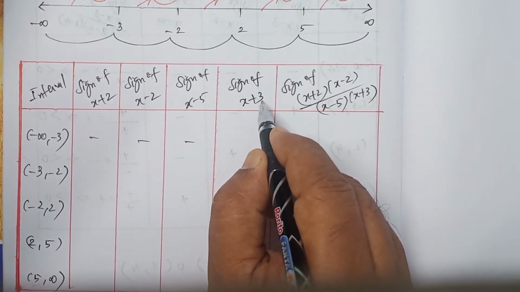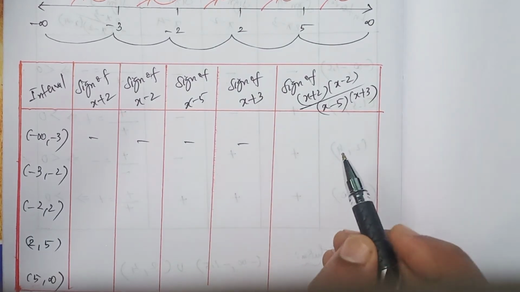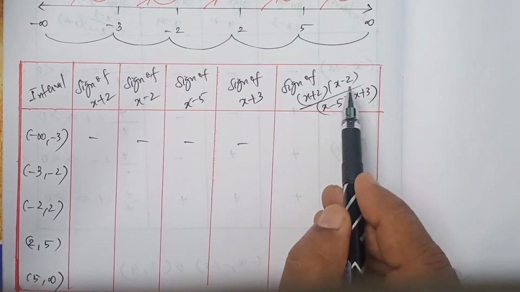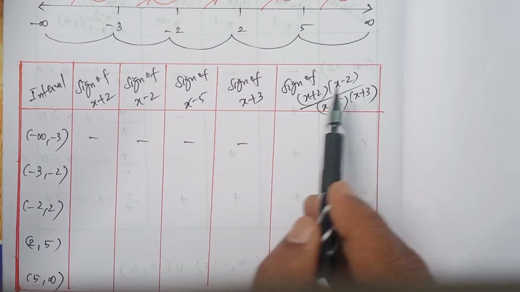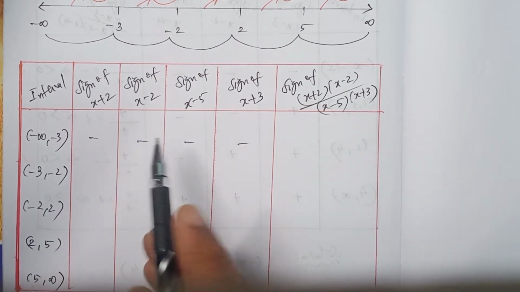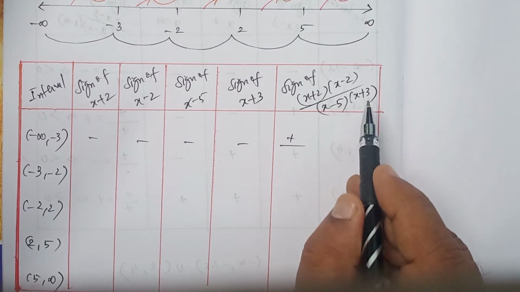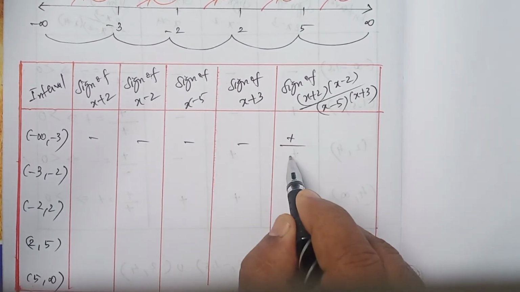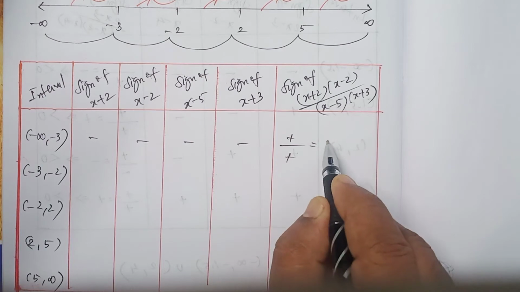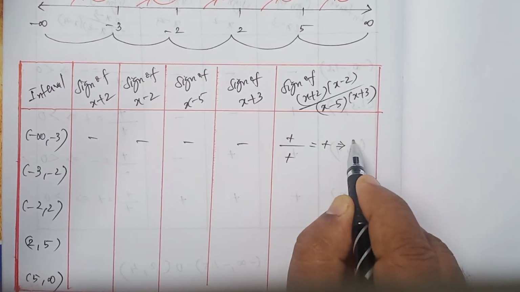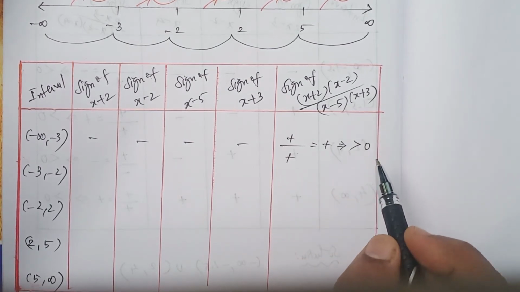Minus 4 plus 3 is minus 1, negative. Product of x plus 2 and x minus 2: minus into minus is plus. Product of x minus 5 and x plus 3: minus into minus is plus. Plus divided by plus is plus, which implies greater than 0.